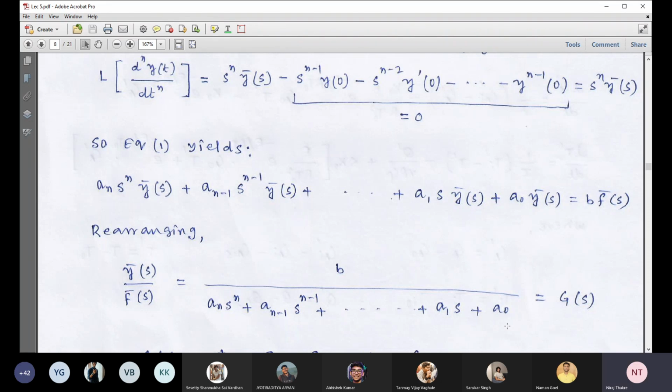Is this clear to everyone? How to derive the transfer function for the simplest single input, single output system?